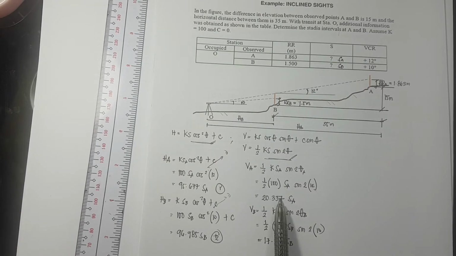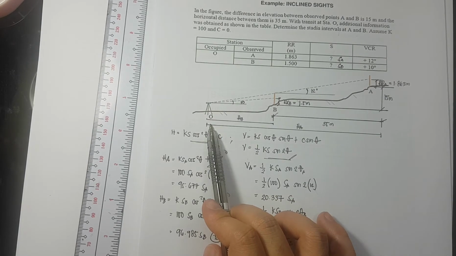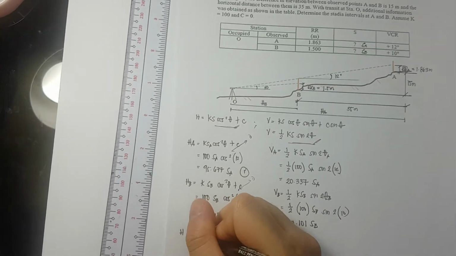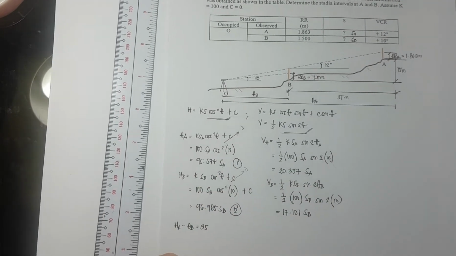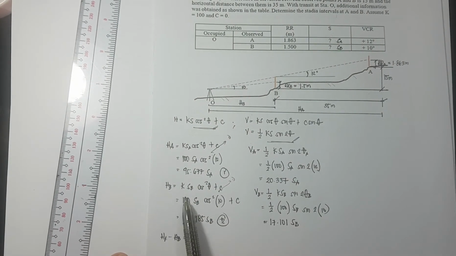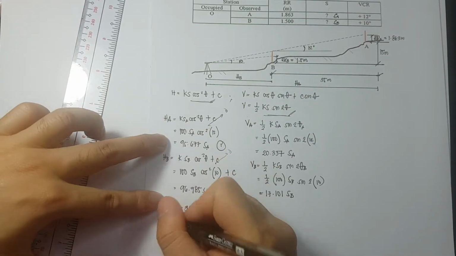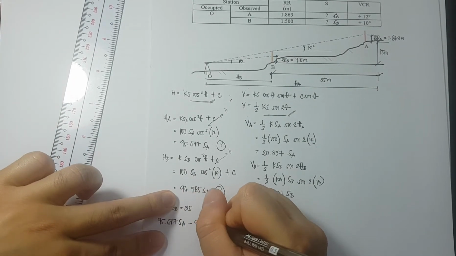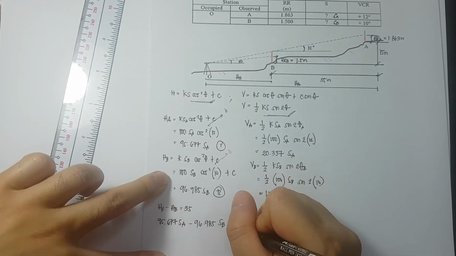So if we're going to check, HA minus HB is equivalent to 35, and that is from the figure. Okay? So if we are to substitute the value of HA, we have 95.677 SA minus 96.985 SB is equivalent to 35.